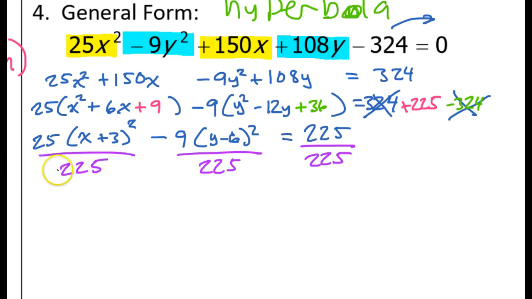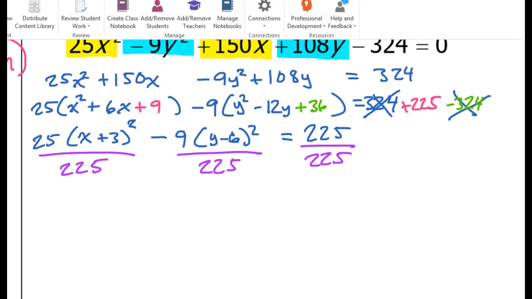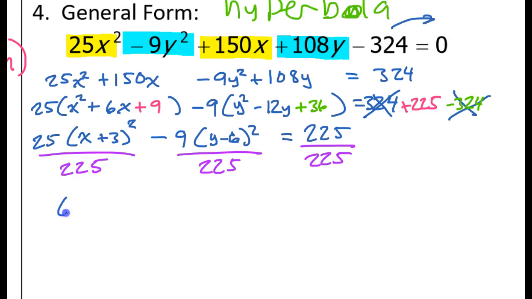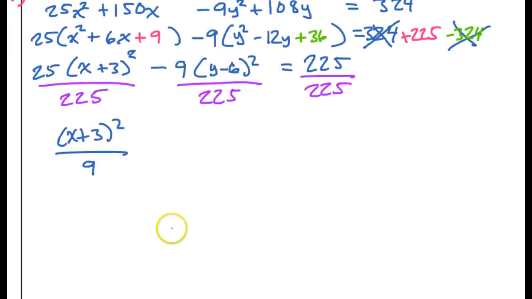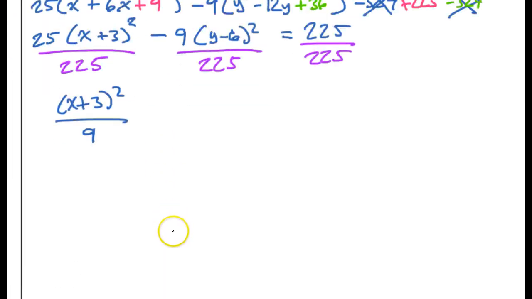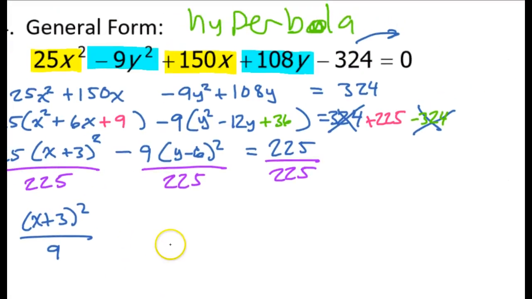Now 25 goes into 225 9 times. So this is just going to be x plus 3 squared over 9. Okay, I'm probably supposed to write this way down there.